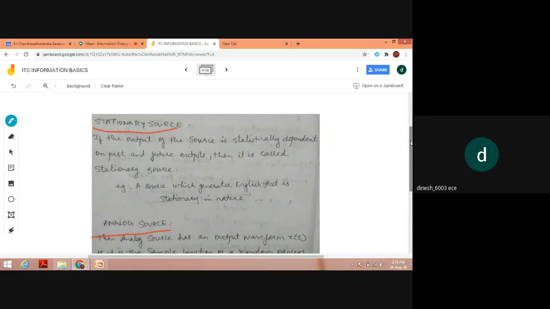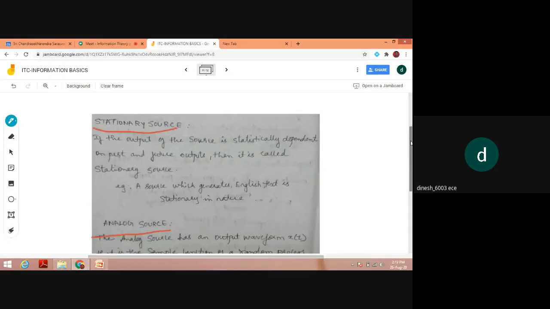Stationary source. If the output of the source is statistically dependent on past and future outputs, the output of the source will eventually depend upon the past and future outputs.